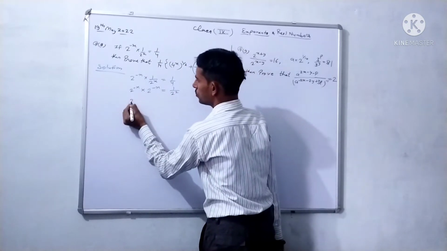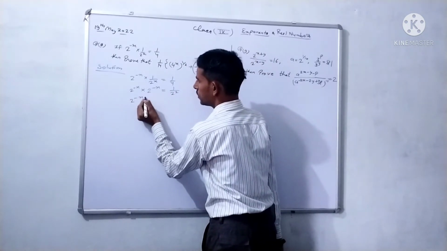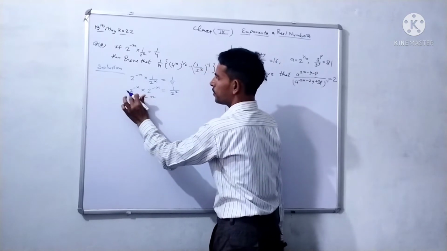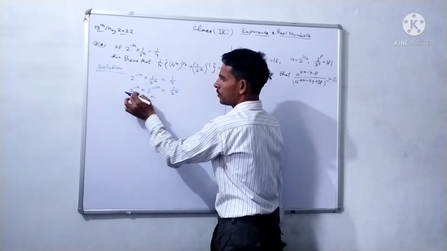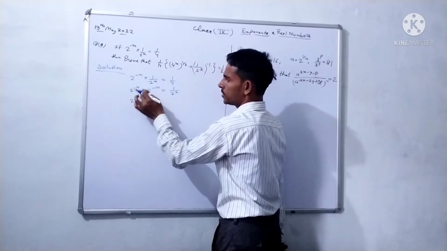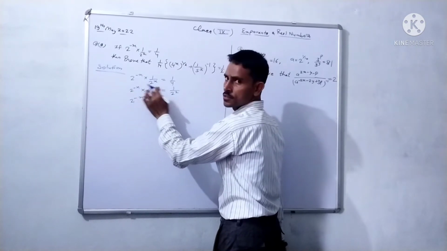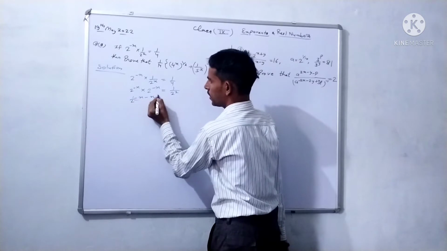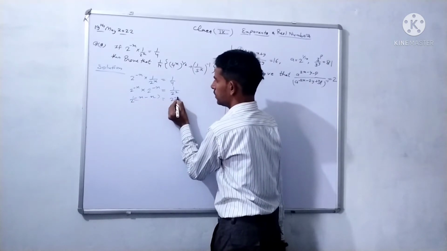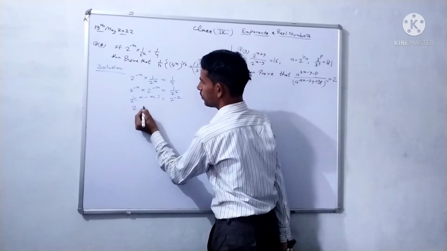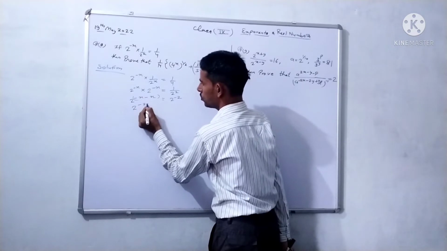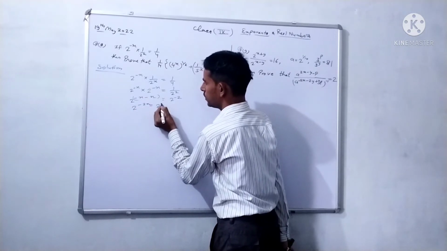Again we can write 2 to the power minus x because here the bases are the same. If the bases of two exponents are the same, then we can add those powers. So we can write 2 to the power minus 2x equal 2 to the power minus 2.